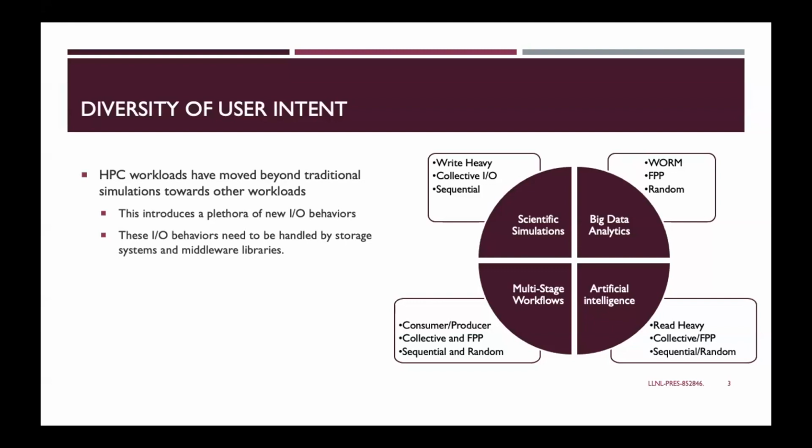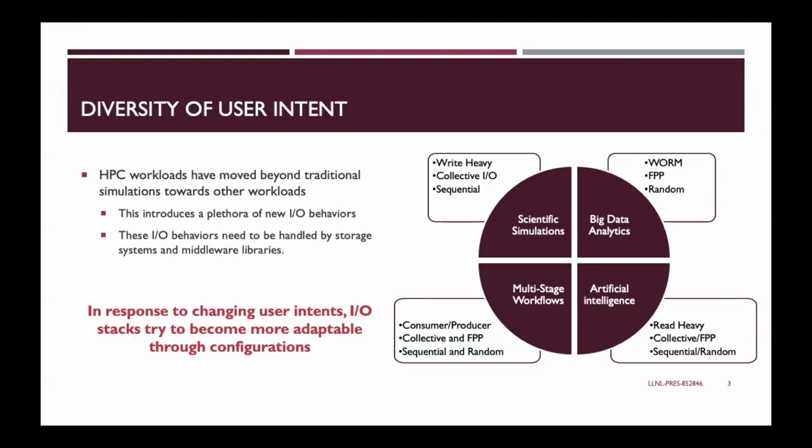In multi-stage workflows, which are becoming very common, how do consumers and producers share data? Are they doing file per process? Sequentially or randomly, and so on? As you see, there are a lot of changing IO intents.